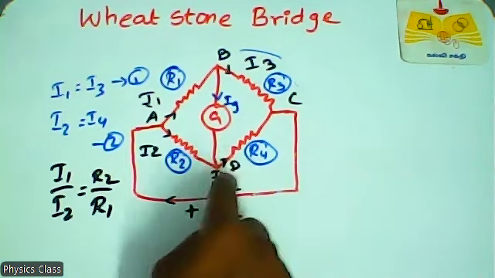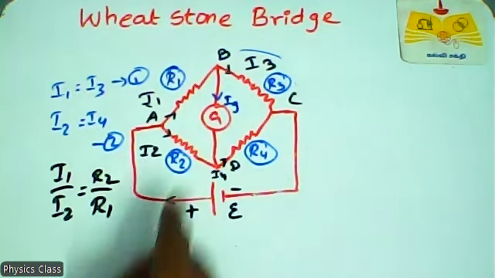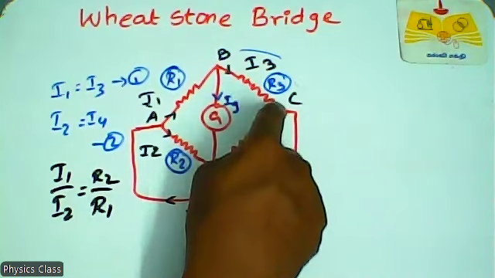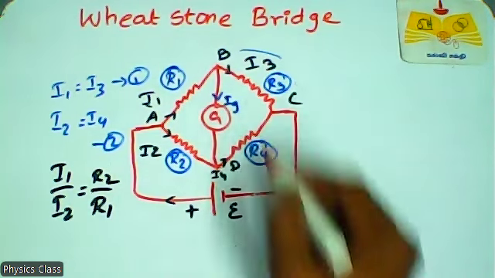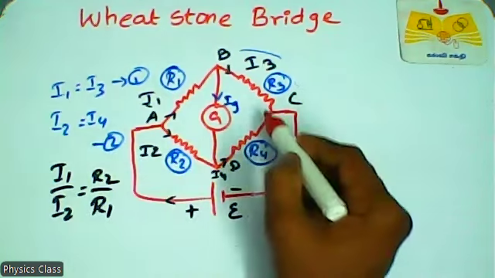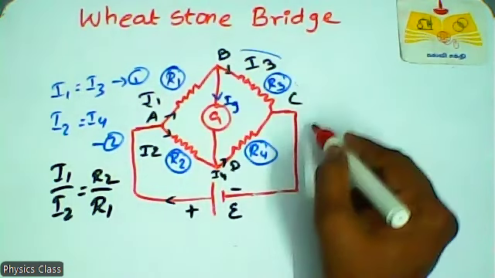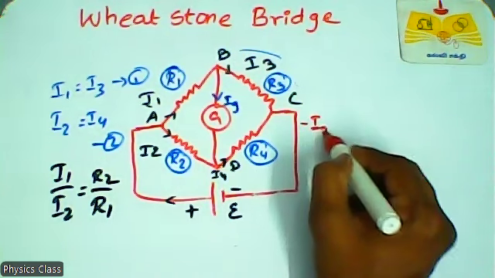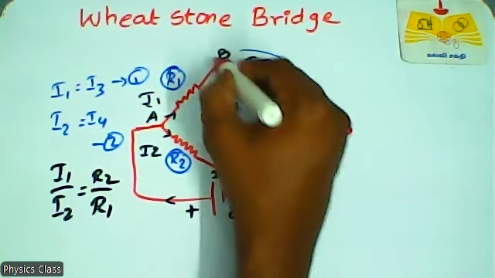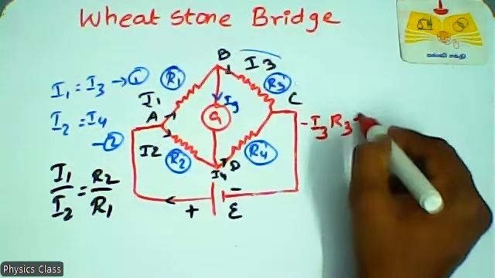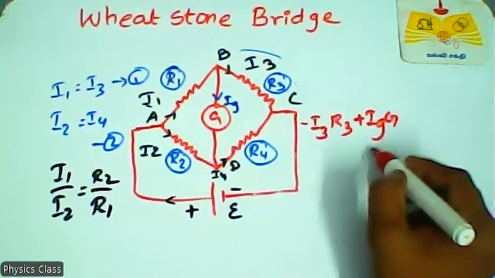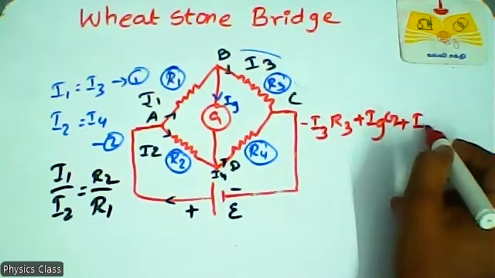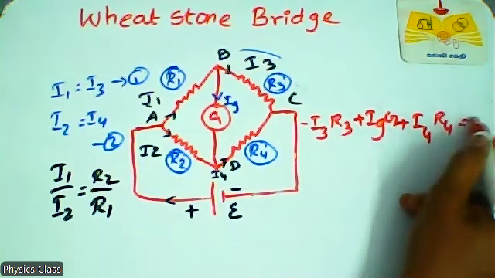So now we apply Kirchhoff's loop rule to C, B, D, C. From this position against the current, we put a minus sign: minus I3 R3, then plus IG into G, and along the direction of current, I4 into R4, which is equal to 0.